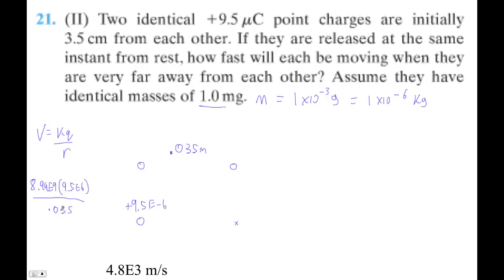Okay, so k times 9.5 e6 divided by 0.035. Notice it's not squared. Oh wow, that's a lot of potential. Oh yeah, because I did times 10 to the positive 6, so let's try that again. Negative 6, there we go. Okay, still a lot, but not quite as much.